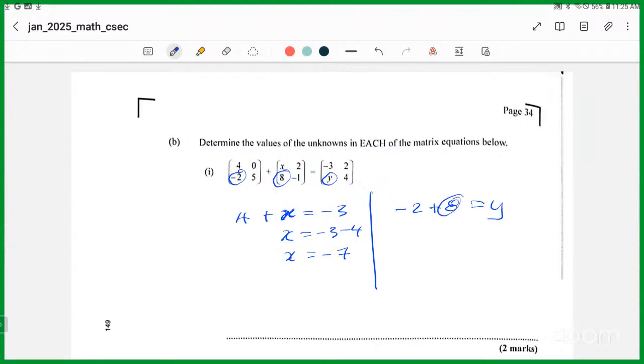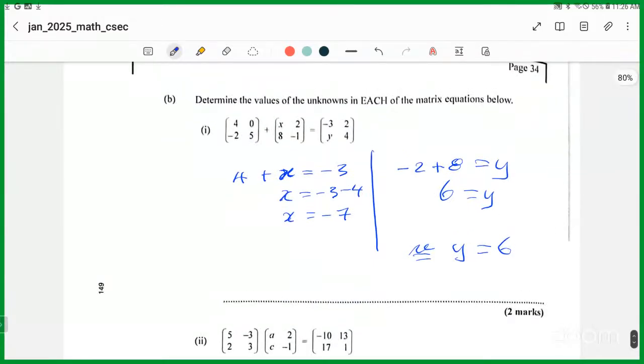So 8 minus 2 is 6. So 6 equals y. We can turn it around and write y is equal to 6. That is the x and the y in this question. Very easy. I don't want to lose marks on something like this. This is in January 2025, so you see, I'm setting questions like this.